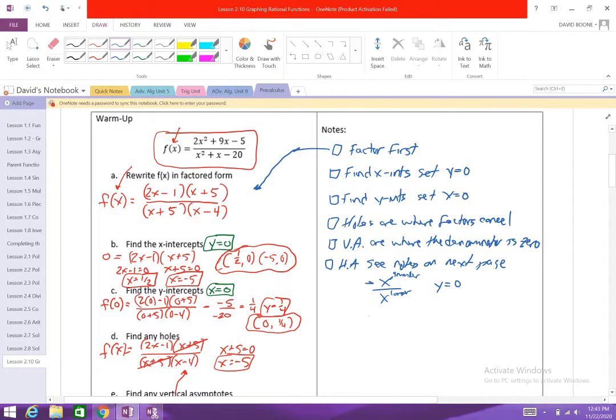If they are the same, so you have the same highest degree on the numerator as on the denominator, then we'll have y equals the ratio of the leading coefficients.